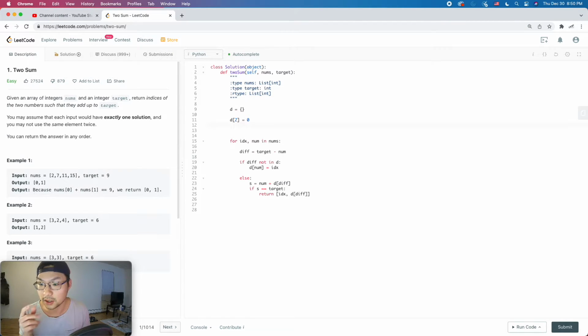If the key is in the dictionary, then we check the number plus the difference.